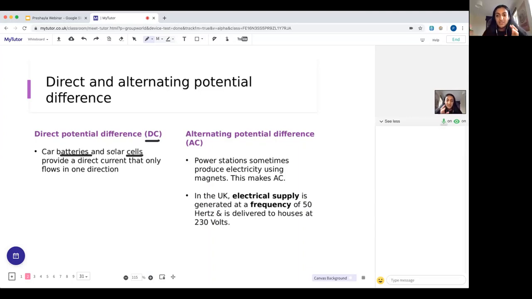That's got nothing to do with batteries and cells. That's coming from power stations, through the cables into your socket. That's alternating current. But if we have car batteries, solar cells, any type of battery, any type of cell, we have direct current.